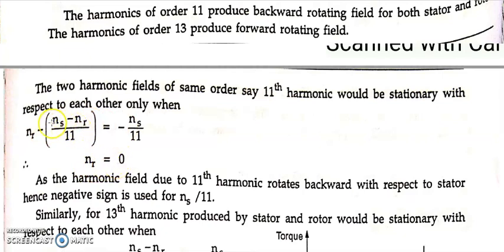The two harmonic fields of the same order, that is the 11th harmonic, will be stationary with respect to each other only when this condition is followed. In that case, NR will be equal to 0. And here the minus sign we are using to show that this particular harmonic is opposite to the direction of the fundamental waveform.